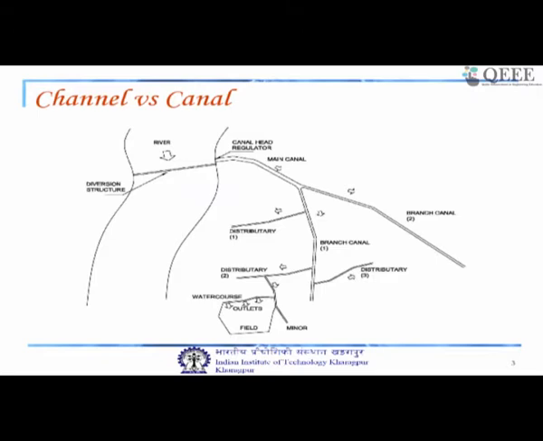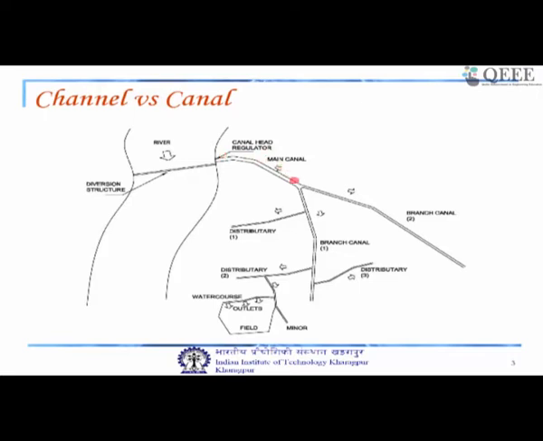If we talk about natural systems, where we can see channels and canals, this is a river channel in a common irrigation system, where we have a diversion structure, and through this diversion structure, water is generally diverted into the canal system, where there will be a canal head regulator.